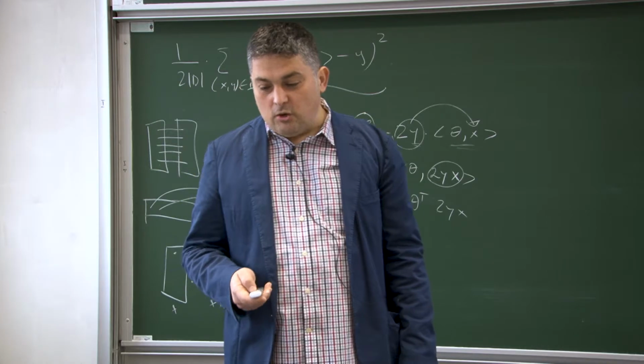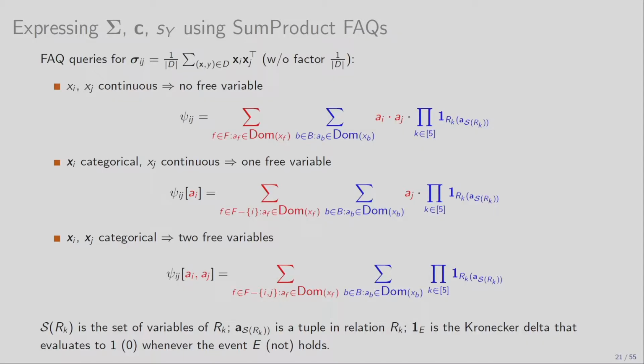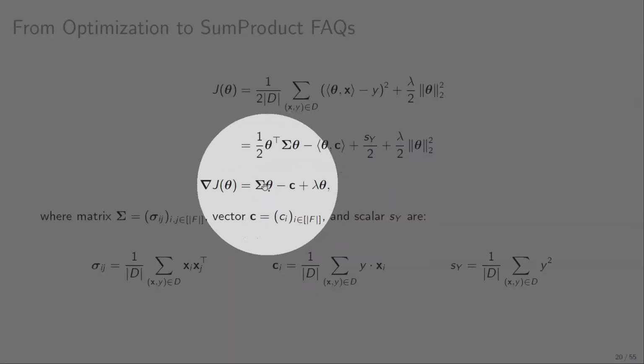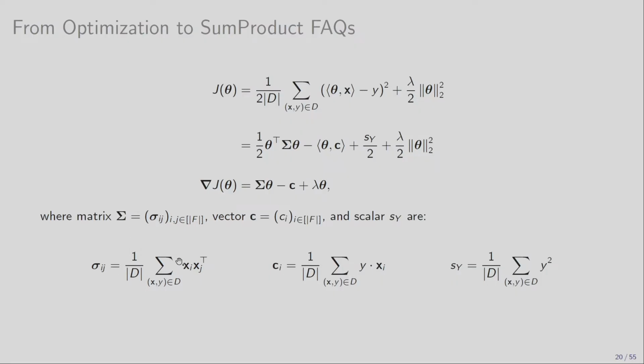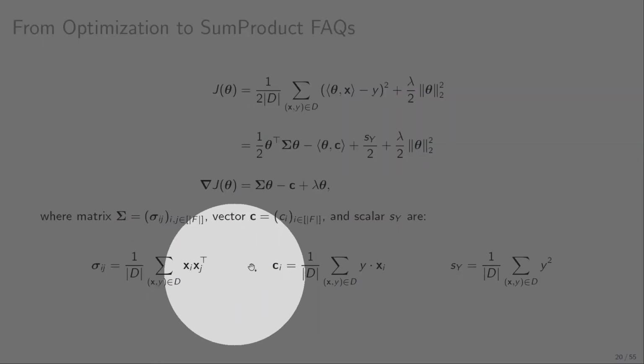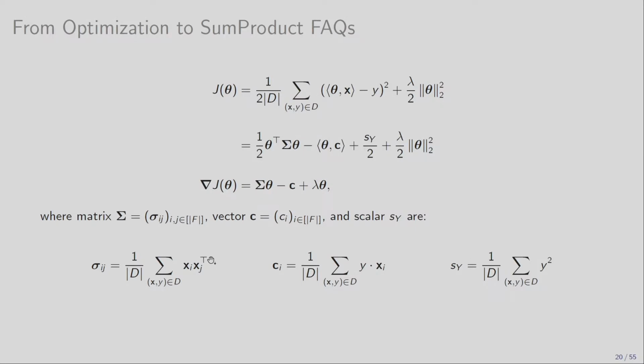Okay? So, in particular, I will show you now how you can represent this using FAQ, using functional aggregate queries, these entries. I will talk only about the entries in this sigma matrix, as we call it. This sigma matrix is very much related to the covariance matrix, in fact. Yeah? But it's not quite there because the covariance matrix, for those who know, is actually centered. You have to take away from this product the mean.